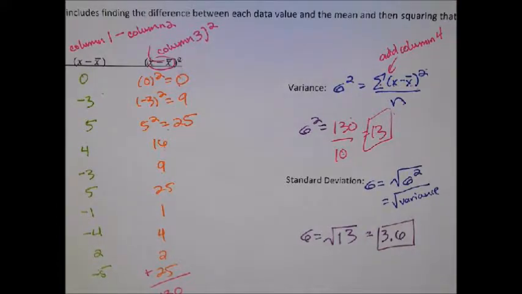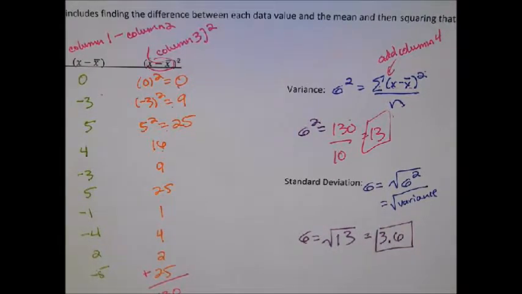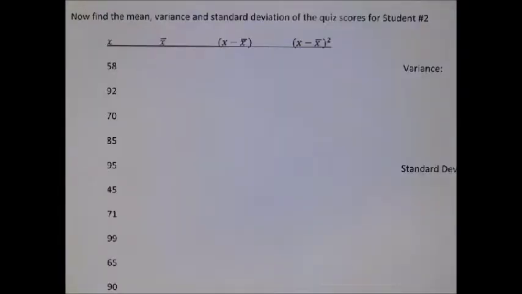And for standard deviation, we took the square root of 13, the square root of the variance. Now go ahead and pause the video so that the students can do the exact same process for student 2.